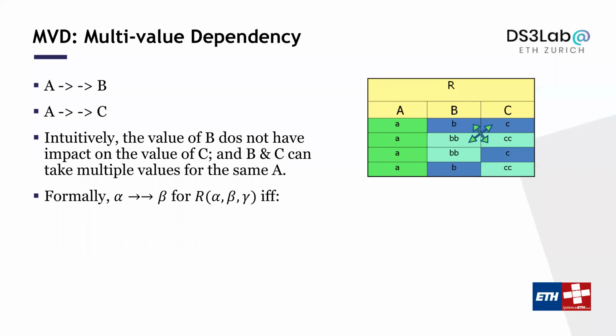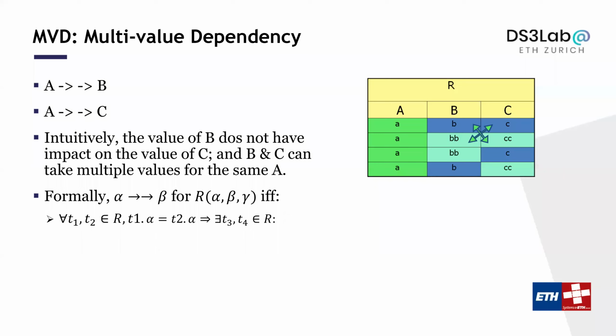Precisely, we say there's a multi-value dependency from alpha to beta, where alpha is a subset of attributes and beta is a subset of attributes, and the relation schema contains alpha, beta, and gamma, three disjoint sets of attributes. We say there's an MVD from alpha to beta if and only if the following is true.